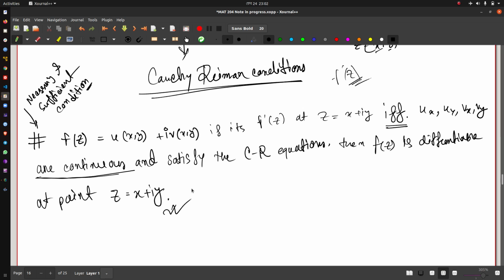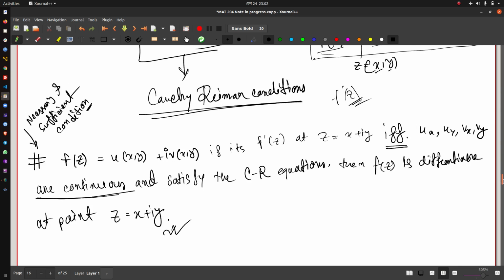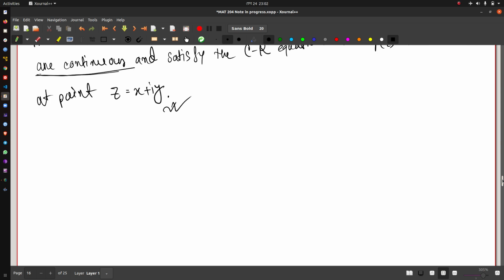Now we want to see some consequences of these Cauchy-Riemann conditions, and even though we said that we want to discuss analytic functions, we haven't come to that point yet. We will come to that in a bit.